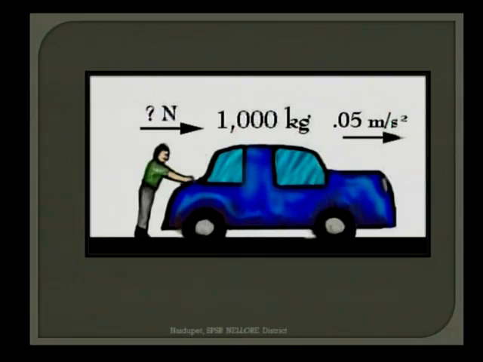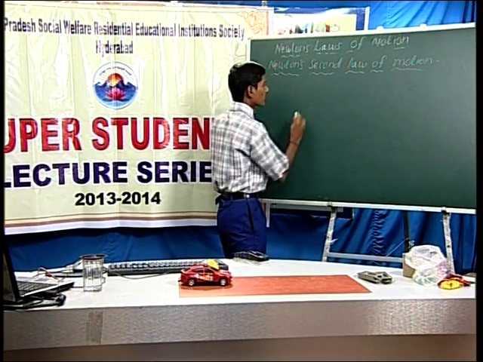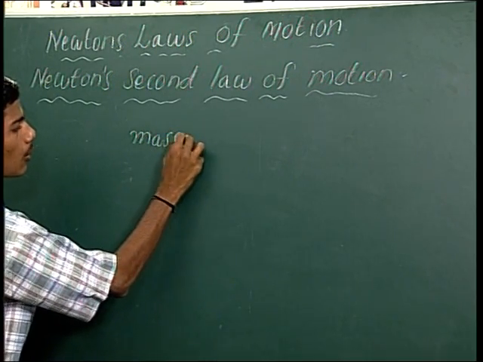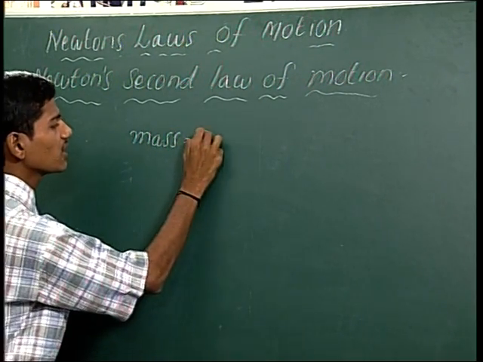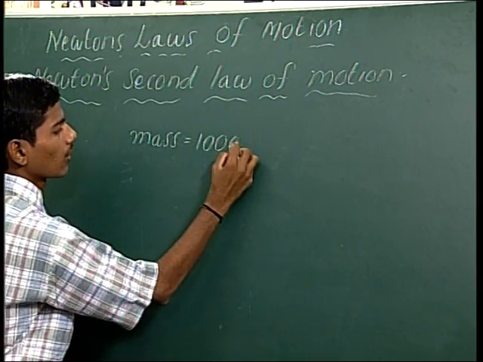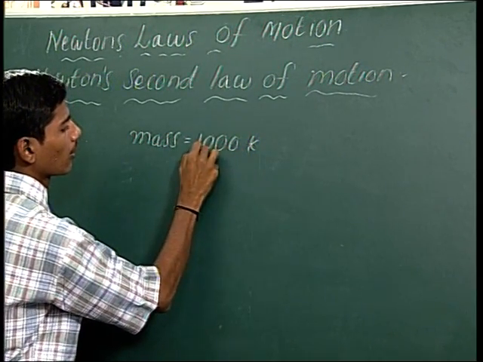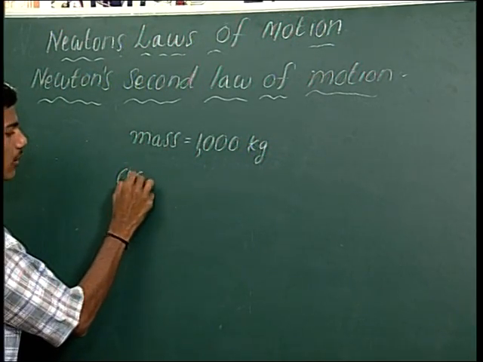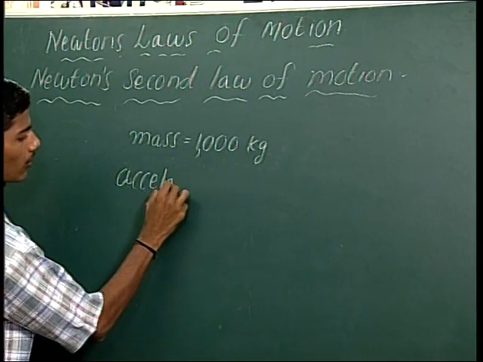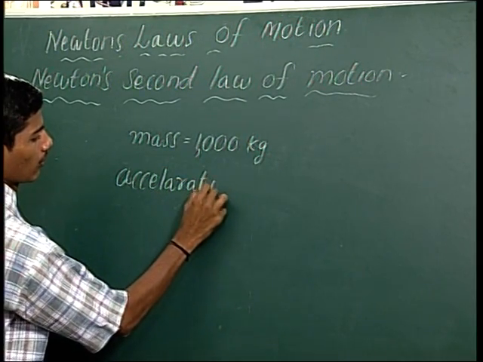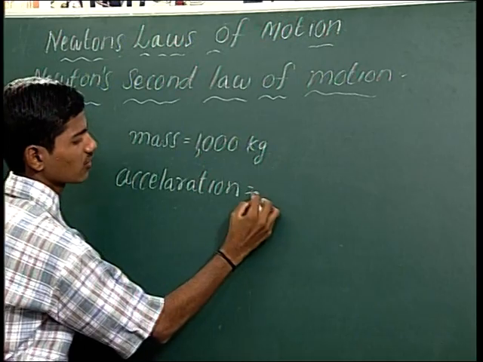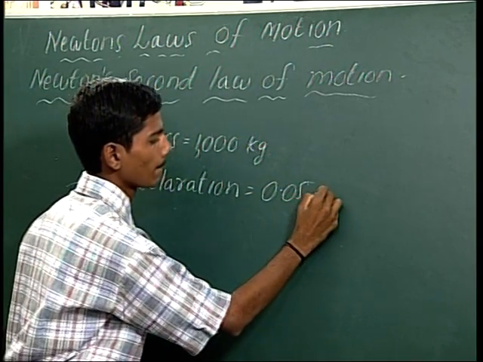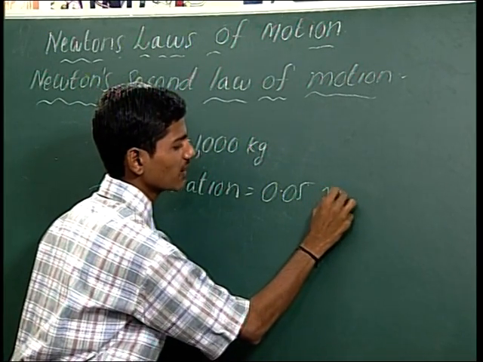See here, the mass of the car is 1000 kilograms. Then the acceleration of that car is equal to 0.05 meters per second square.